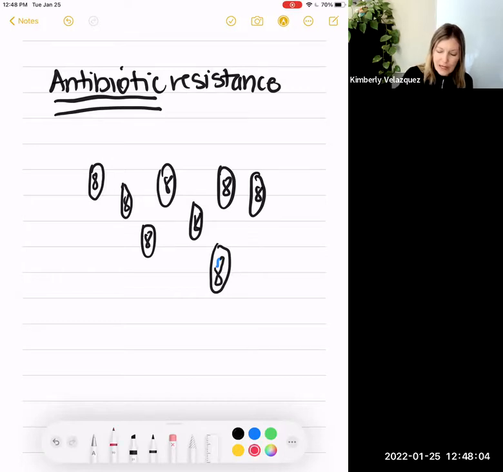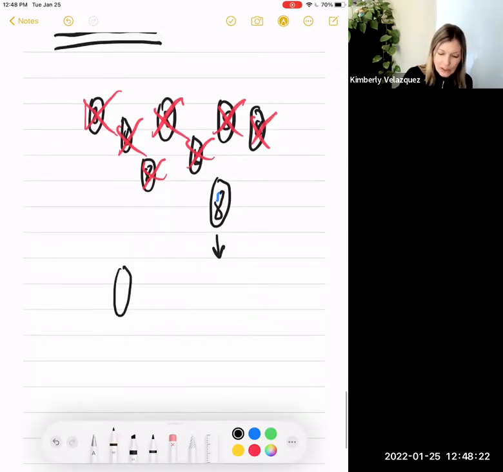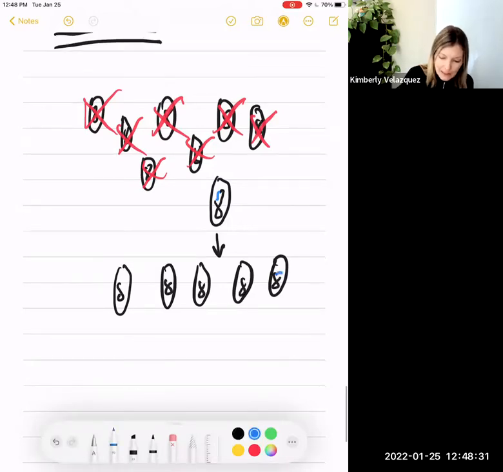They're all treated with an antibiotic, and they're all killed, except for this one that has something about its DNA that's different. This is now the one that survives and reproduces. And over time, the whole population of bacteria is now going to have that slight difference in its DNA. And now they are all antibiotic resistant.